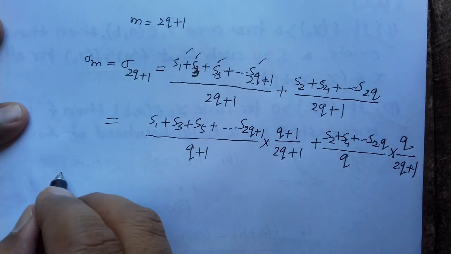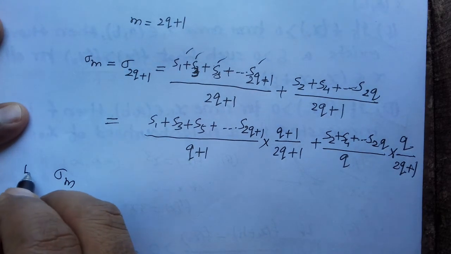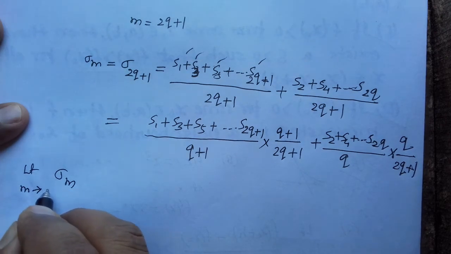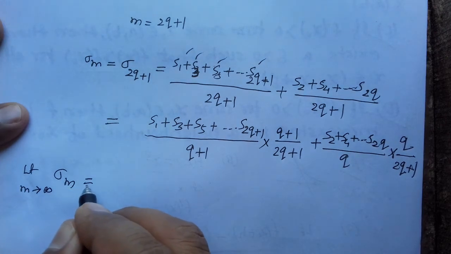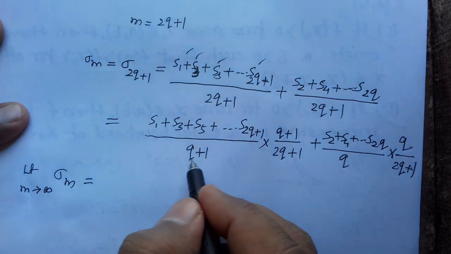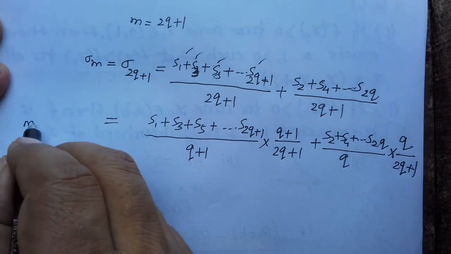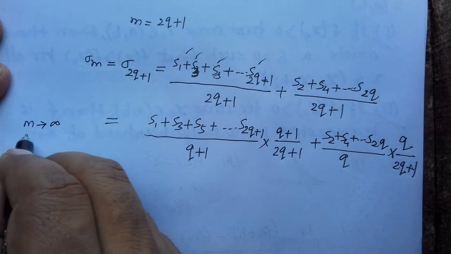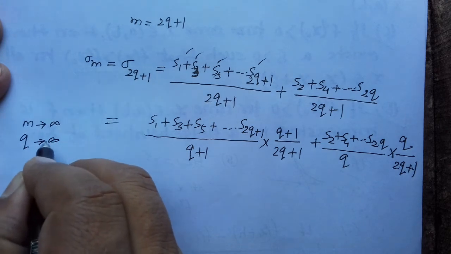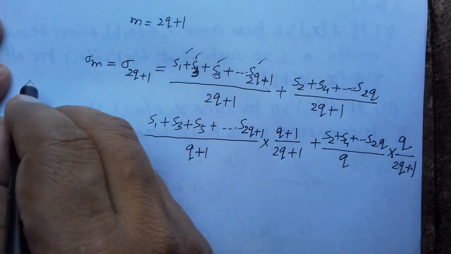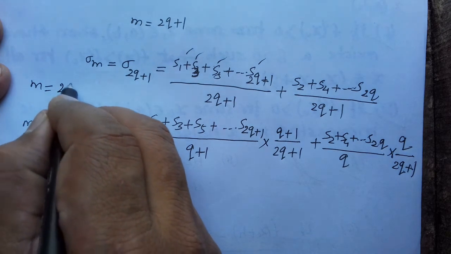And now let m tend to infinity. This means that q will also tend to infinity, because the relation is m equals 2q plus 1.